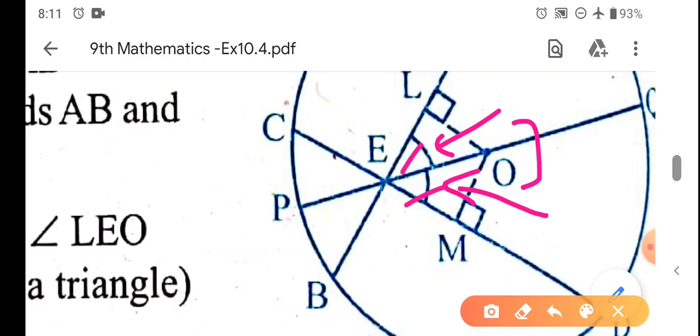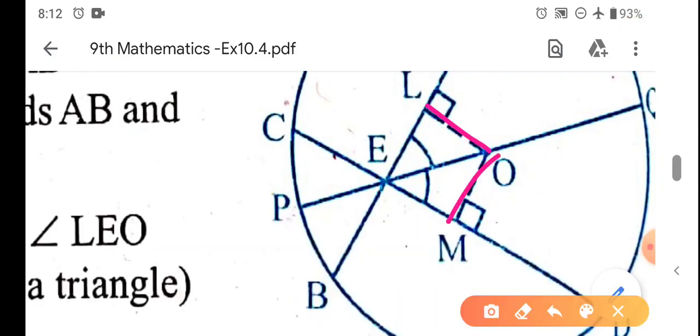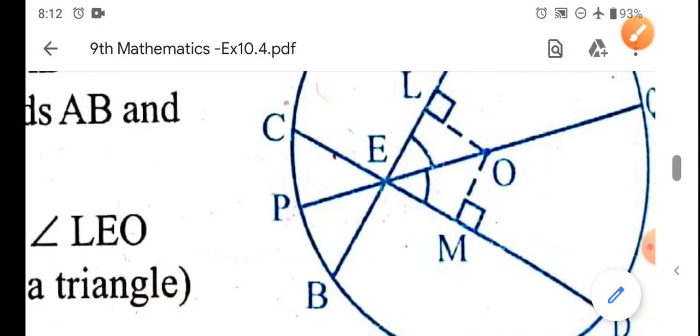This angle cancels with this angle, and this angle cancels with this, because both are 90 and these are equal. Then we got that 1 equals 2, and this angle is 90 because it is a perpendicular, so this is equal, and EO is common. Both triangles are congruent to each other, and OL equals OM by CPCT, and then the chords are equal because the perpendiculars drawn from the center are equal, so the chords are also equal.